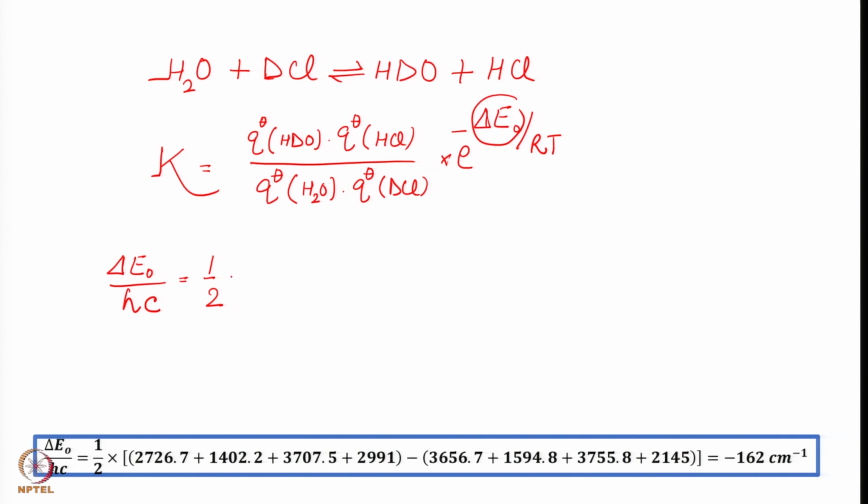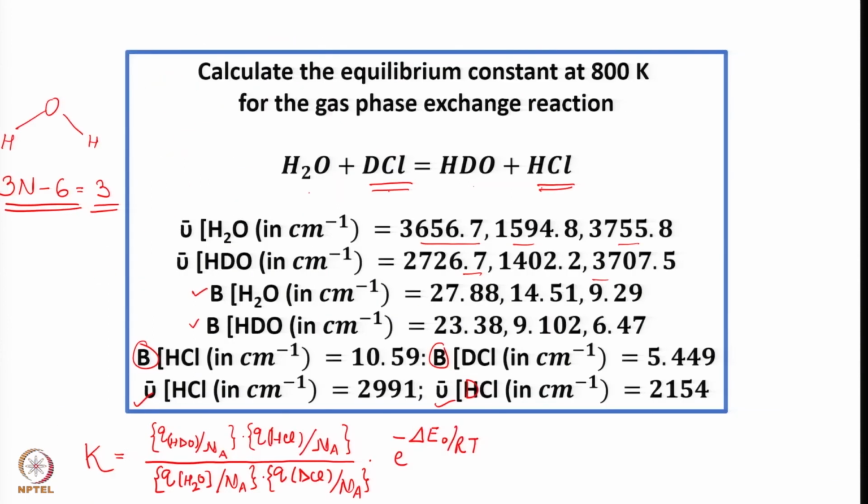So, here I will say summation j nu bar j, with the stoichiometric number. And when you substitute all these numbers, for the products you look back at HDO plus HCl. This is for HDO, 2726, and HCl wave number is 2991.